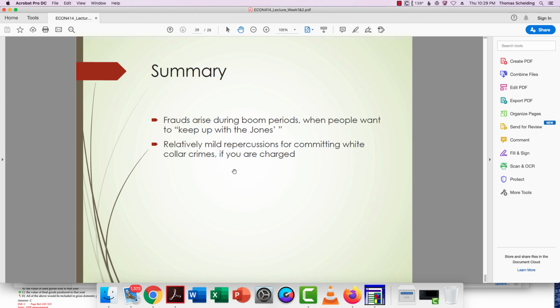But what we tend to see with Minsky and even with Kindleberger is that stability causes instability. I'll repeat that again, that stability causes instability.